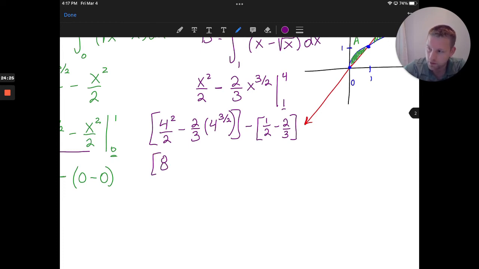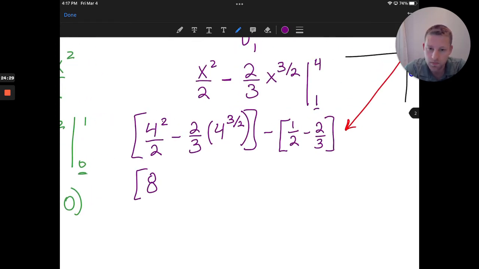If I take the 2/3 and I consider 4 raised to the 3/2, well, this value, 4 raised to the 3/2, is another way of saying 4, take the square root for that half, and then raise to the 3rd power. So square root of 4 would just give us 2 raised to the 3rd power, would give us 8 here.